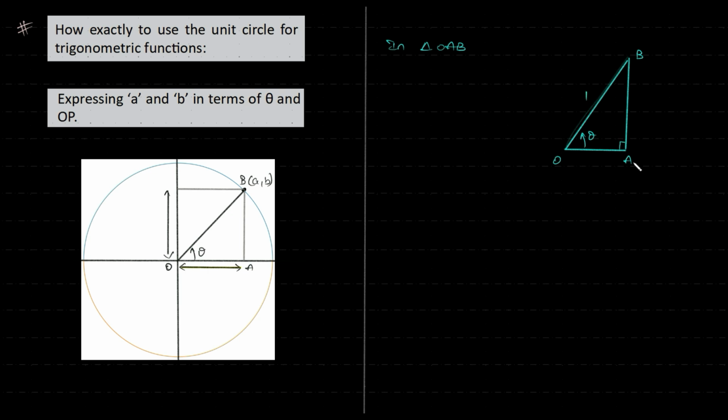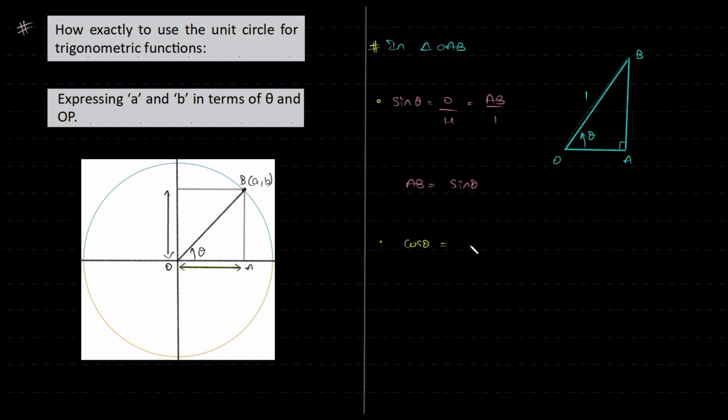So we're looking at OA and AB. How will you find this? Yes, making use of sine theta, which is opposite by hypotenuse. So in this case, AB by 1. So AB, the height, is nothing but sine of theta. And next up is cos.